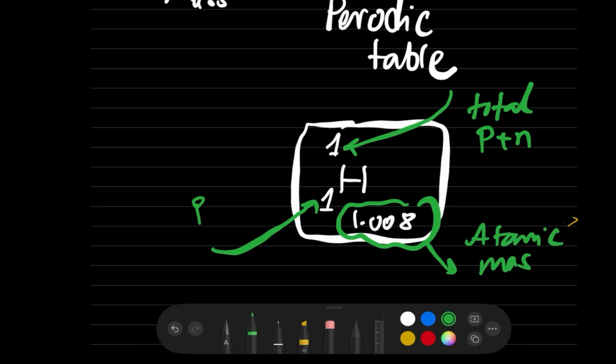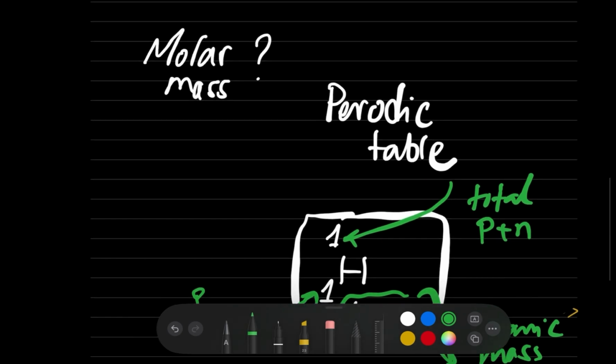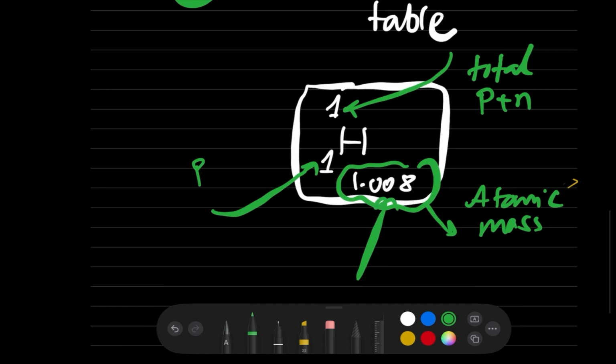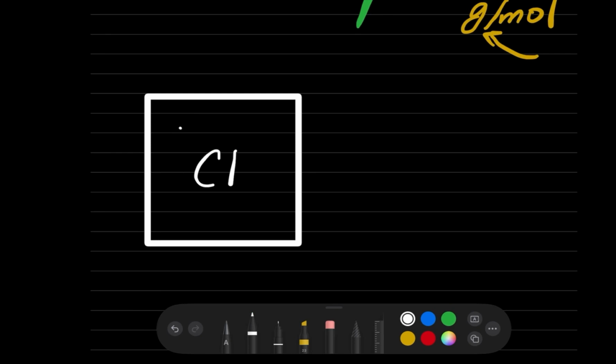Atomic mass. And if we need to calculate the molar mass, we have to go to the periodic table and just look at this number here. So, for hydrogen, the atomic mass is 1.008. The nucleon number of the chlorine atom is 35, the number of protons is equal to 17, and the atomic mass of the chlorine atom is 35.45.